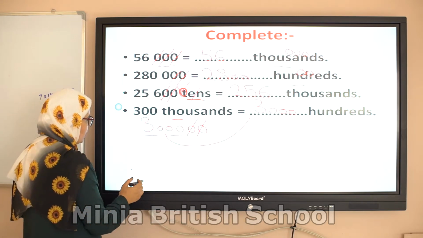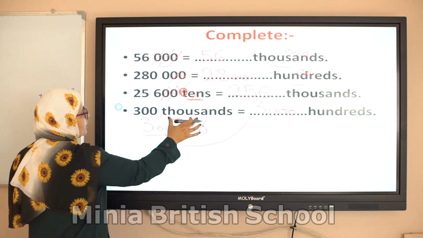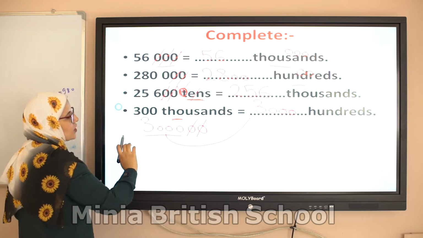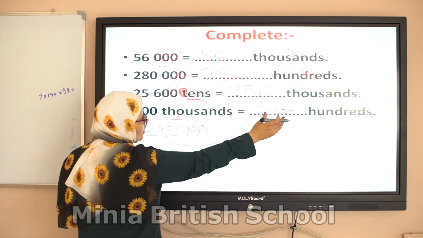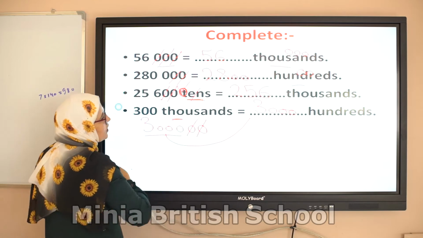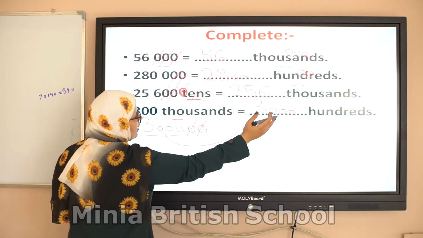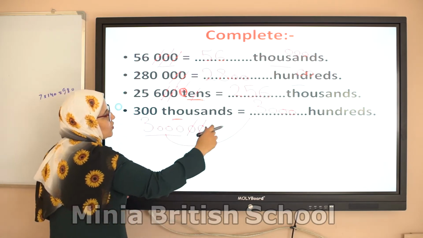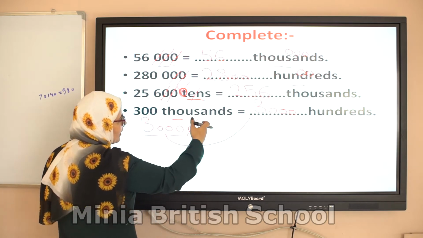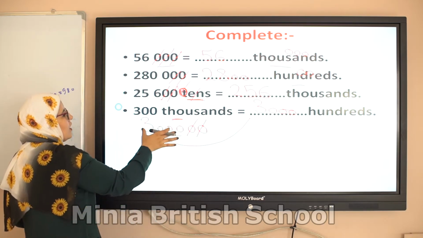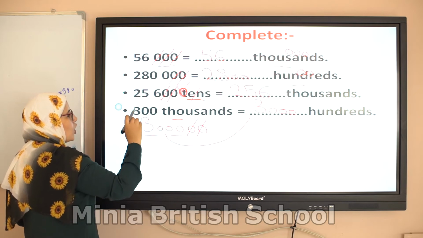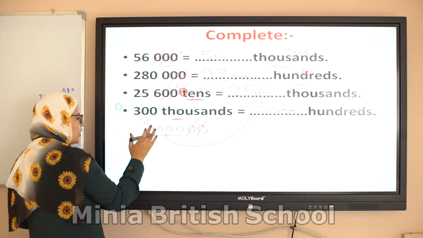So easy. If we have 1,000 on this side, I will put 3 zeros. If I have 1,000 on the other side, I will cancel 3 zeros. From the other side 100, I will cancel 2 zeros. From the other side, tens, I will cancel 1 zero. But if it has 1,000, tens, 100 in the same side, I will put the zeros beside this number.